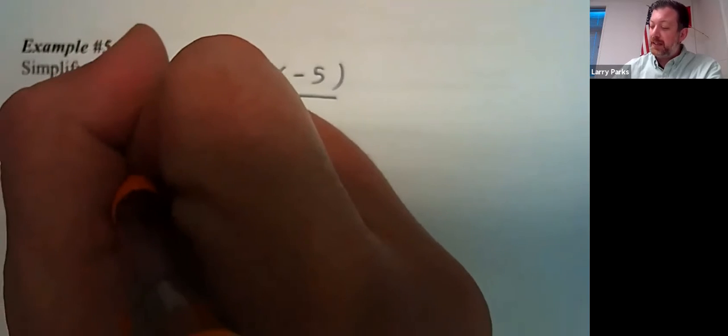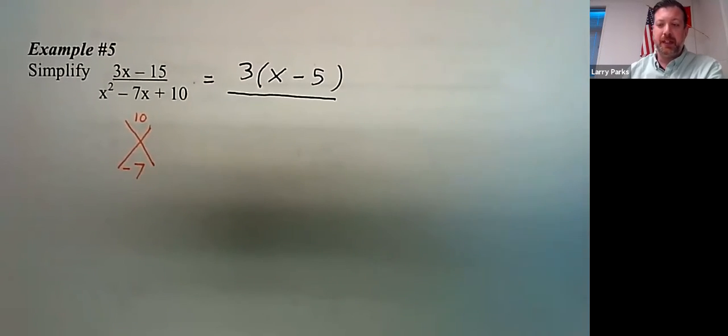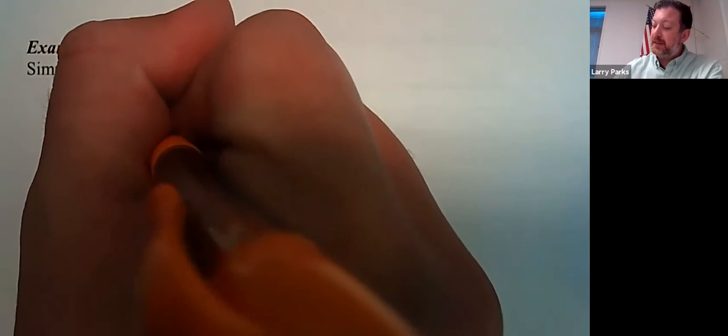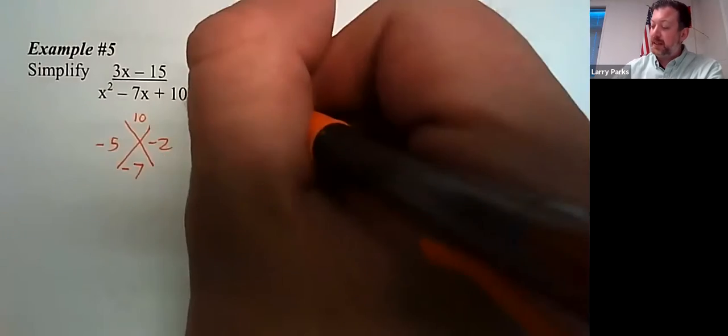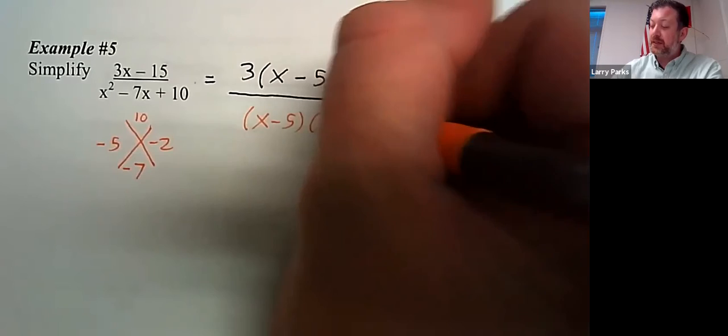So what multiplies to 10, but adds to negative 7? That would be negative 5 and negative 2. So I put x minus 5, x minus 2.